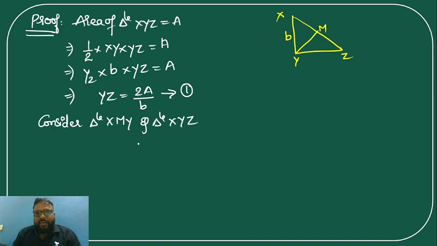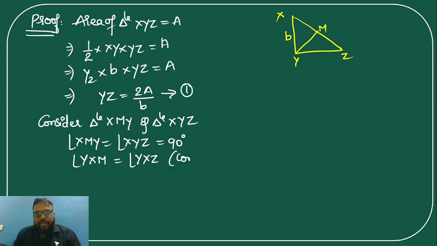Here we know that angle XMY is equal to angle XYZ is equal to 90 degrees, right? We already know this because this is the perpendicular we have from here. Similarly, angle YXM is equal to angle YXZ. So this is a common angle.